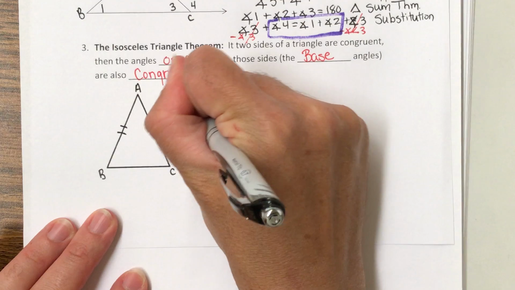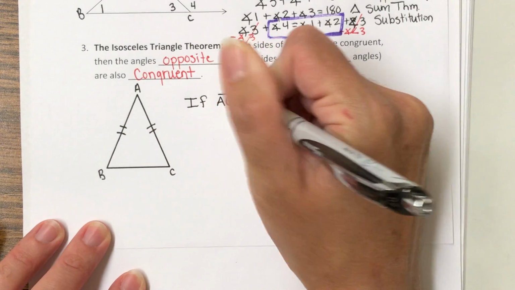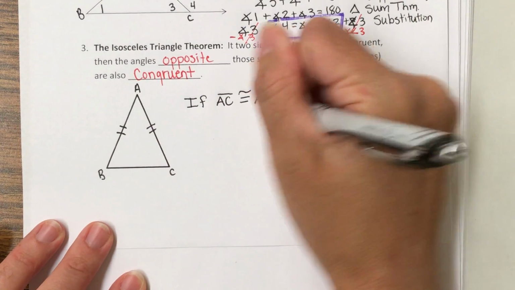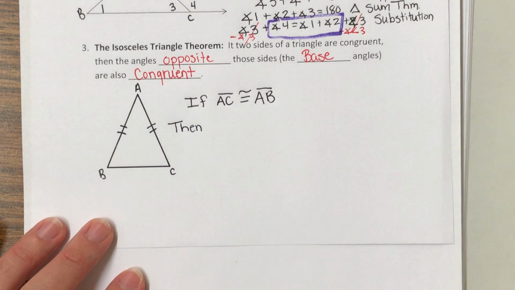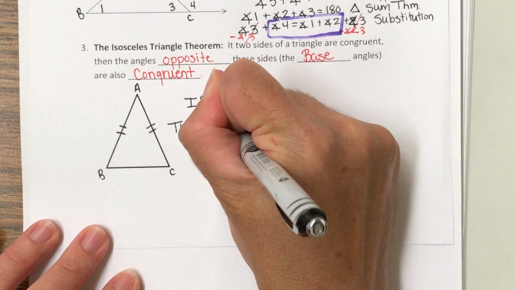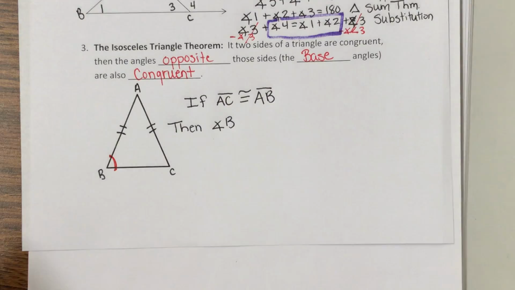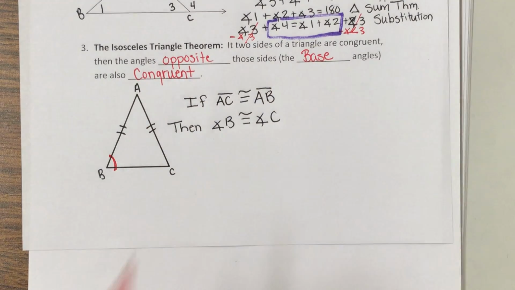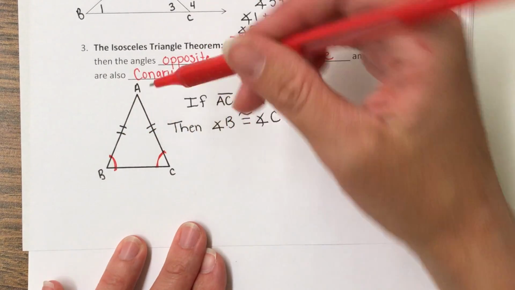So if AC is congruent to AB, then what I conclude is that angle B is going to be congruent to angle C. So these are my base angles. They're opposite of the congruent sides.